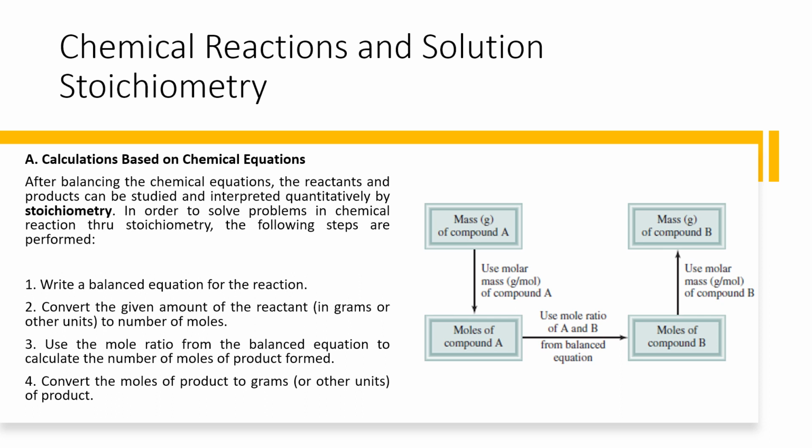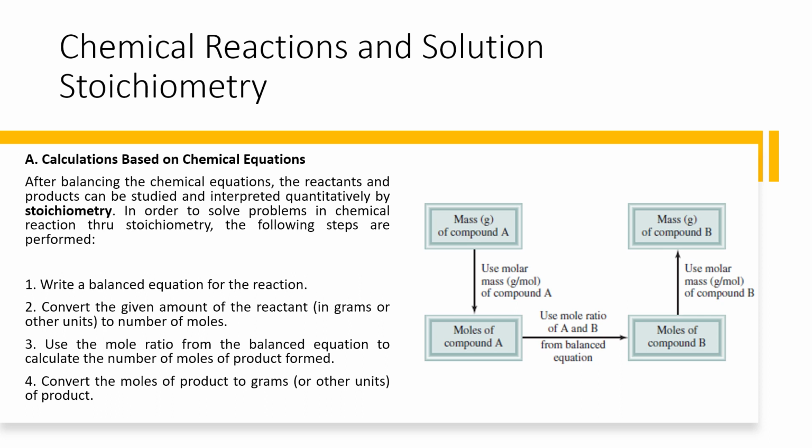So in order to solve problems in chemical reaction stoichiometry, you are given here these steps on how to solve the grams or moles of a given reactant or product in an equation, based on the given grams or mass or moles of some product or reactant in a chemical reaction.